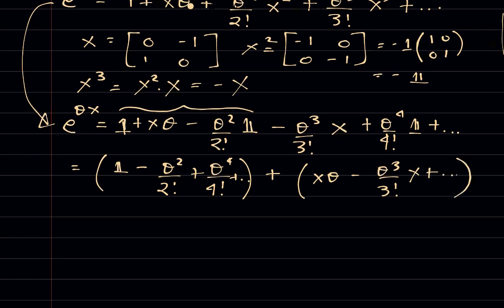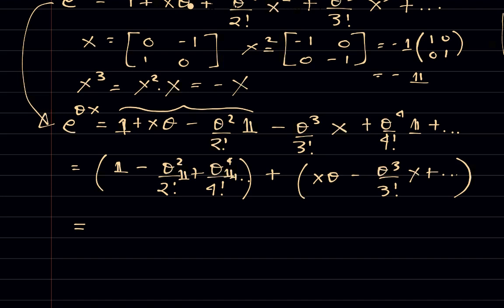If you look at this carefully, there is identity here, there is identity here, because every element here is a matrix and theta square by 2 is just a parameter.